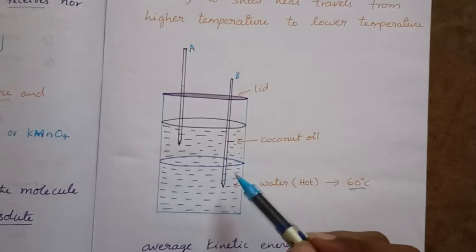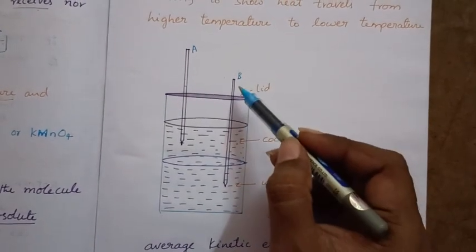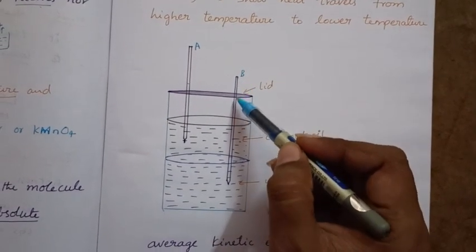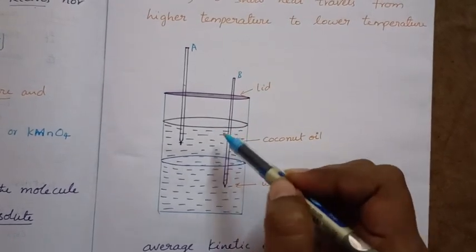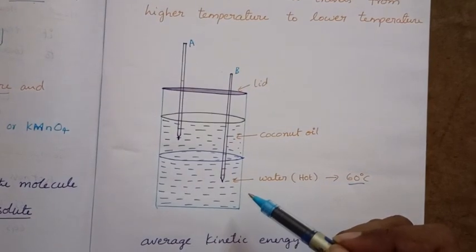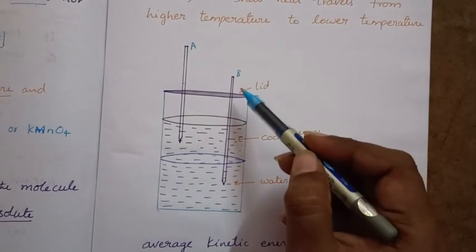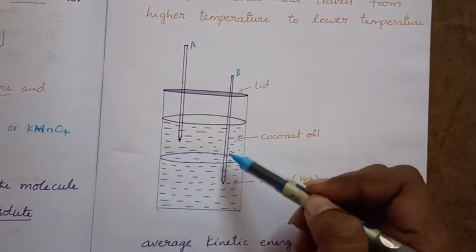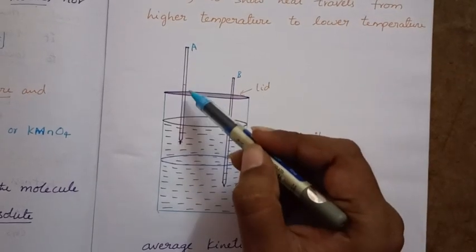Now after a while, the mercury level in thermometer B decreases and the mercury level in thermometer A increases.